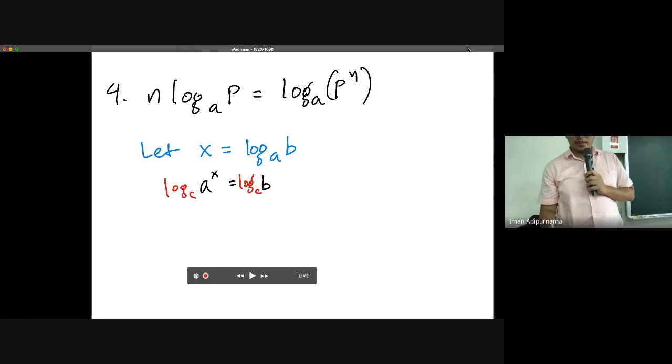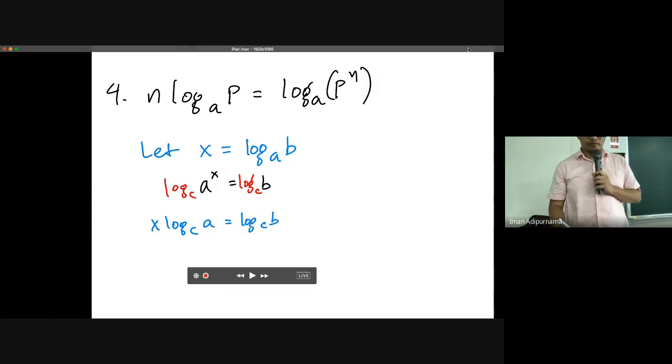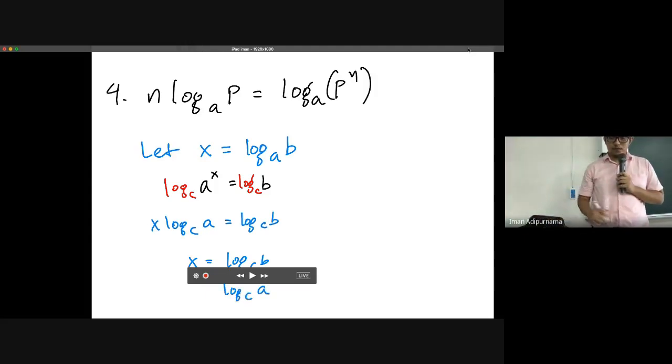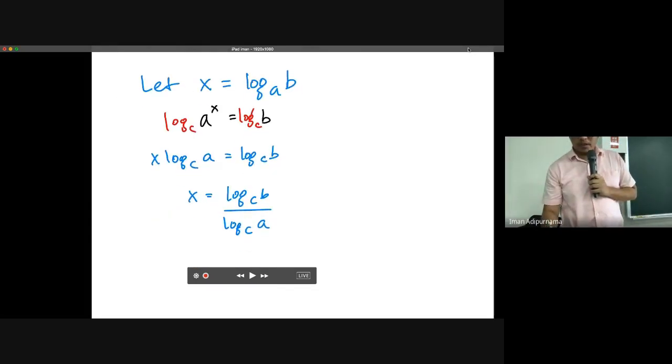And from previously, this x can move to the front. Okay, and I can have my x is log. So I can write this because x is log a of b, so log base a of b, you can say this is log b over log a.